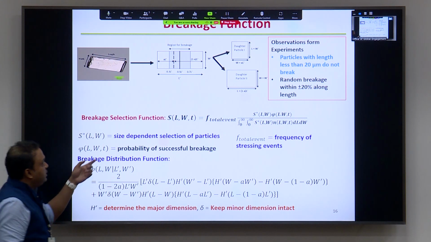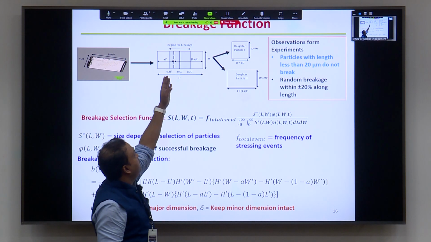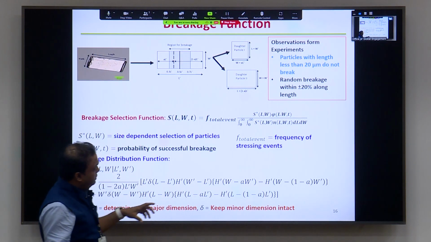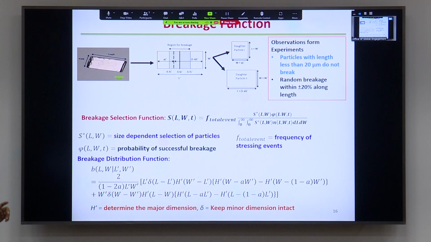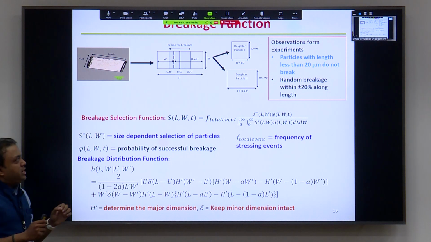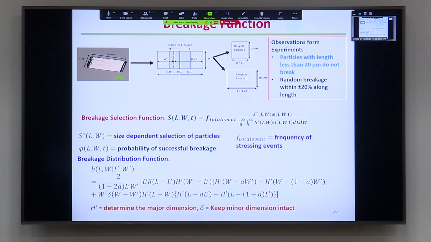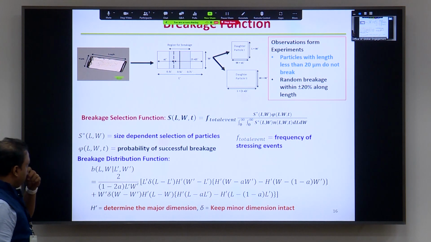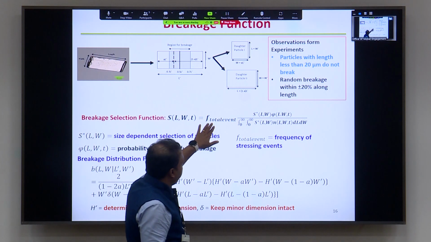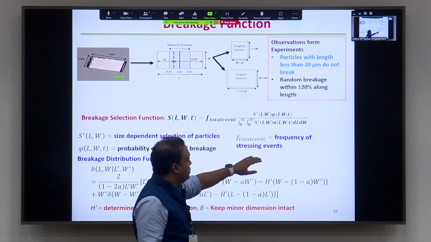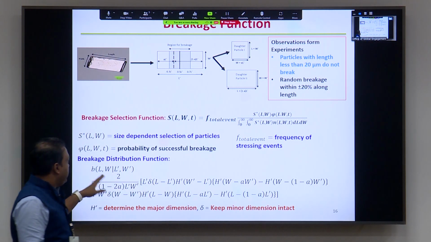So we have considered that it is breaking within 30% to 70% of the plate, and we also assume that particles with length less than 20 micrometer do not break, because we have observed that from an analysis. Now, here we have F total, the frequency of stressing events, and this is the breaking distribution function.